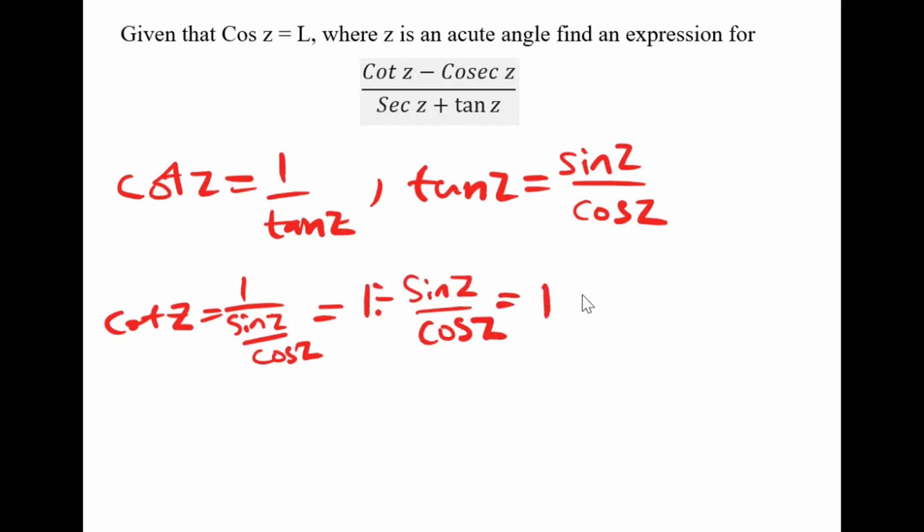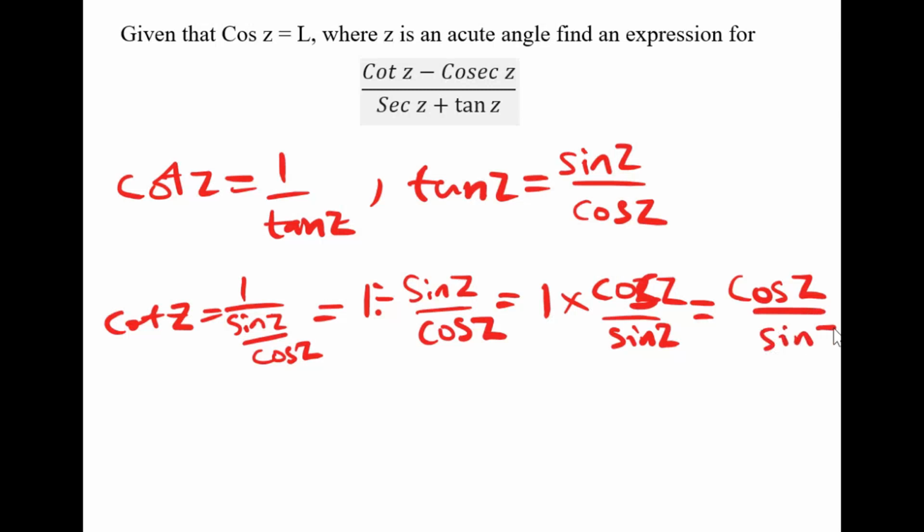Inverting this part, we have cos z all over sin z. So this implies that cot z is the same thing as cos z over sin z.